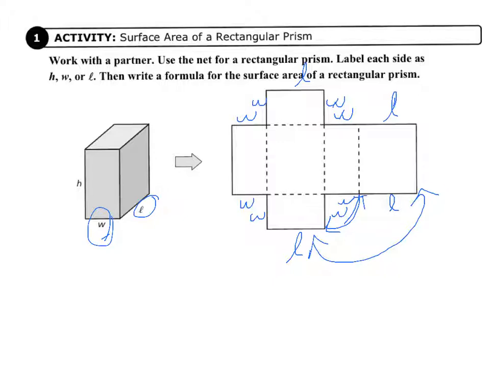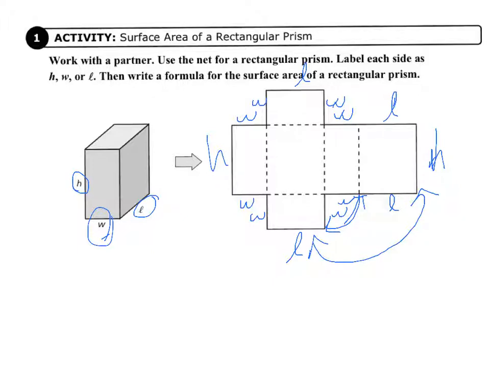And then what's left is the height. So we have a height here and a height on the other end. So now that everything has been labeled, we can start writing our formula.